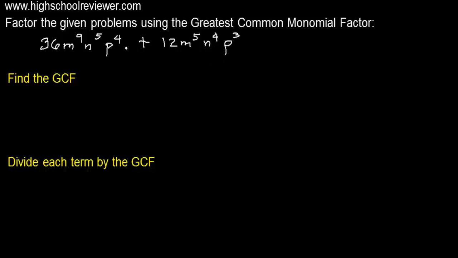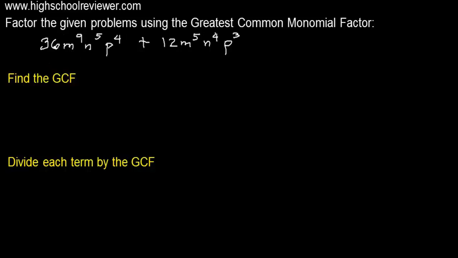So we need to factor this binomial. Okay, let us start by finding the greatest common factor of each monomial. When we speak of monomial, each term, so we have here two terms, this is called a binomial. Okay, but we are going to factor every term, so we will factor monomial.